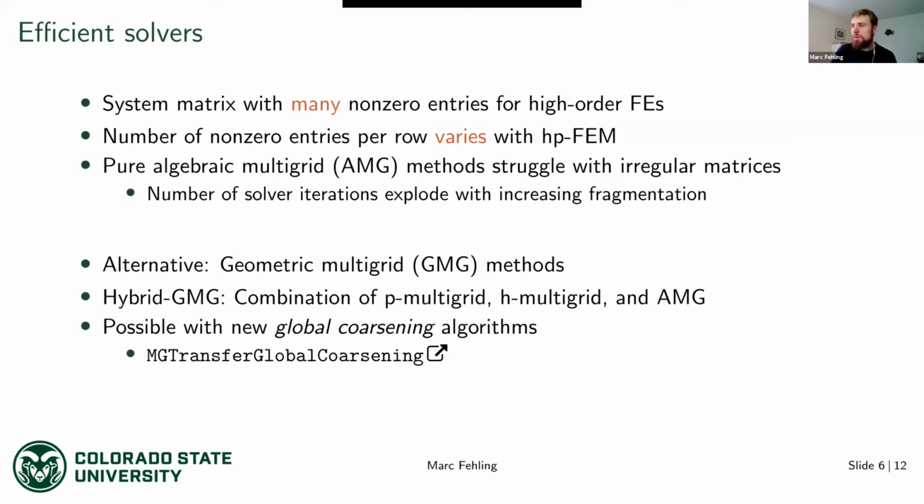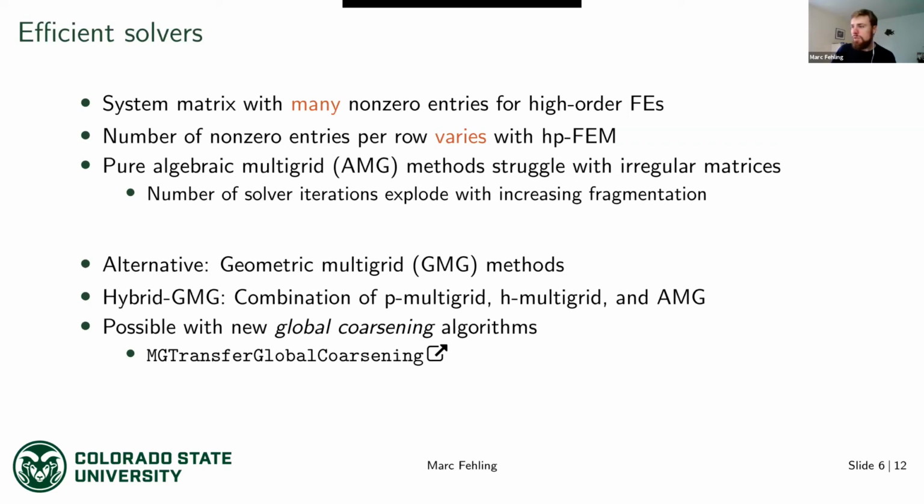From our experience with these kinds of methods, pure algebraic multigrid methods struggle with these kinds of matrices. And if you apply an iterative solver to it, you'll see that the number of iterations will explode the more fragmented your matrix becomes.